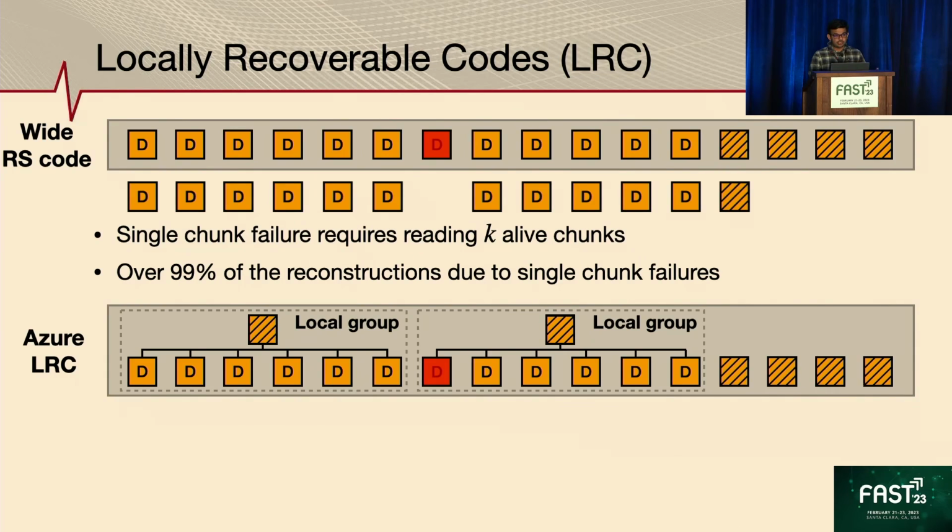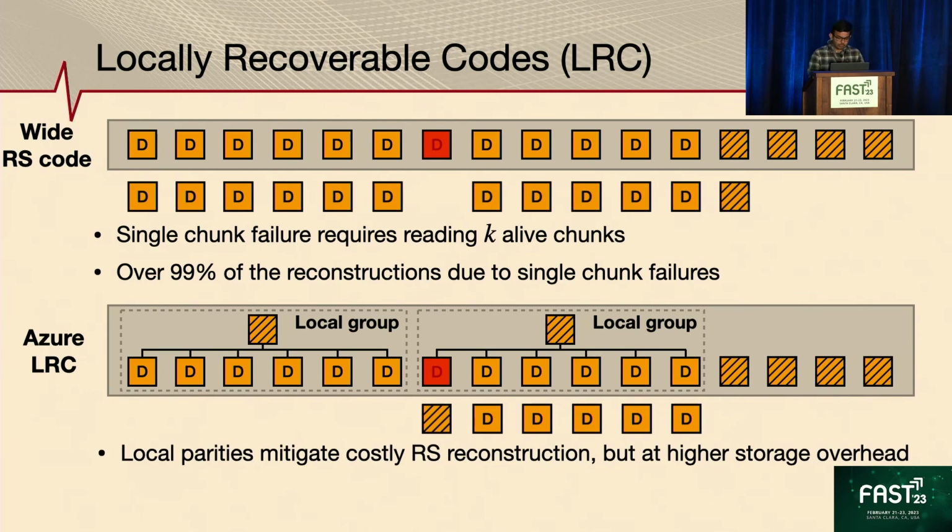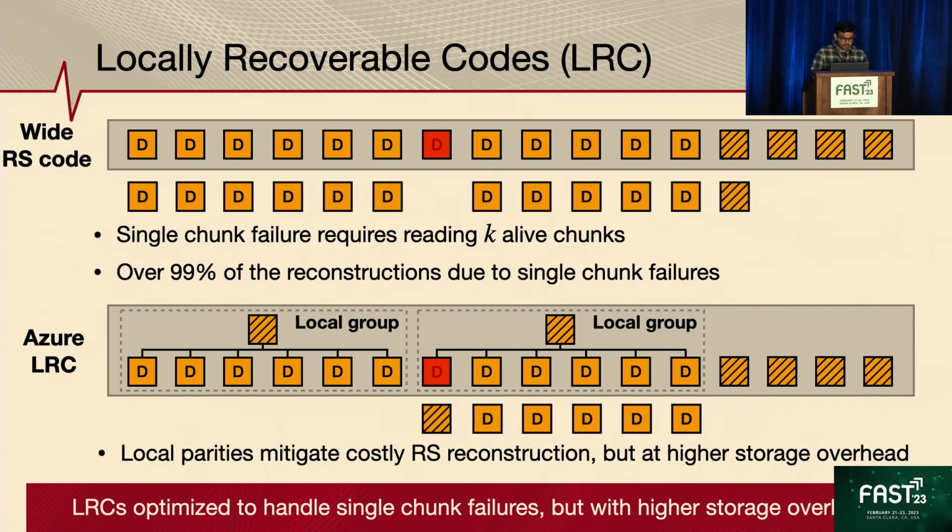So now if there's a single chunk failure, all you have to do is read the local group's worth of alive chunks in order to recover the failed chunk in that group. Local parities mitigate the costly Reed-Solomon reconstruction, but at a higher storage overhead. So LRCs are generally optimized for handling single chunk failures.